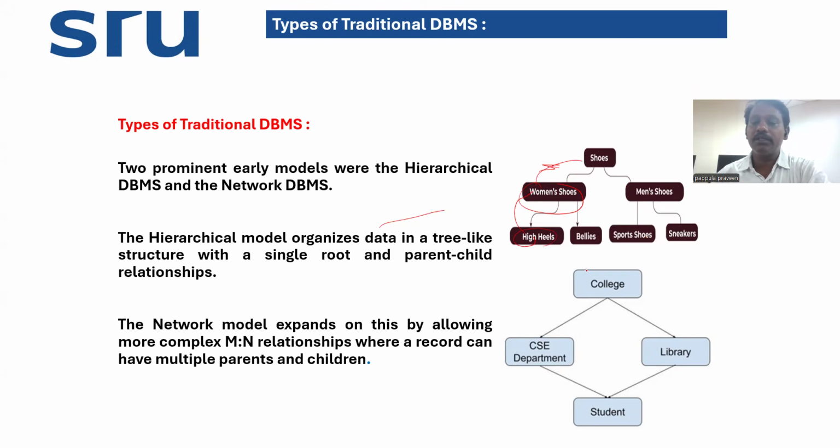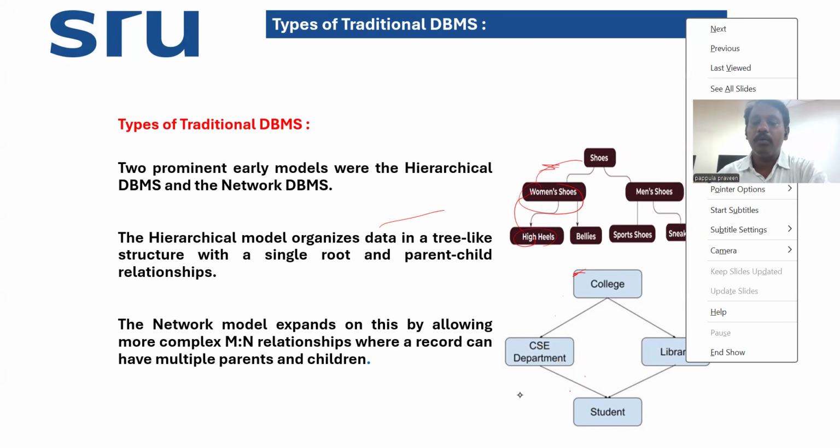Coming to the network model. The first node is a college; we call each one a node or entity. Now, the college has two departments: one is the CSC department, another one is the library department. Now, the student belongs to the CSC department as well as takes some books from the library.